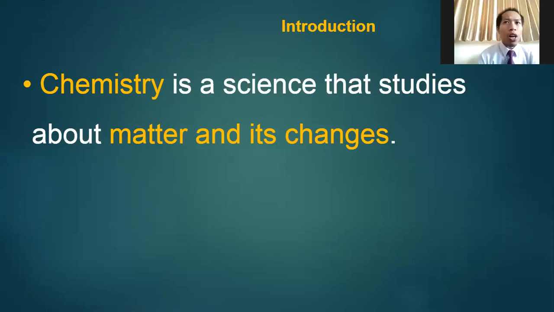Actually, they are quite different, but in general, we can say that matter is substances, okay? In Bahasa, we call it materi or zat, substances. So what we are going to learn in chemistry is matter, substances, and also don't forget its changes, because matter or substances can change from one form to another form.